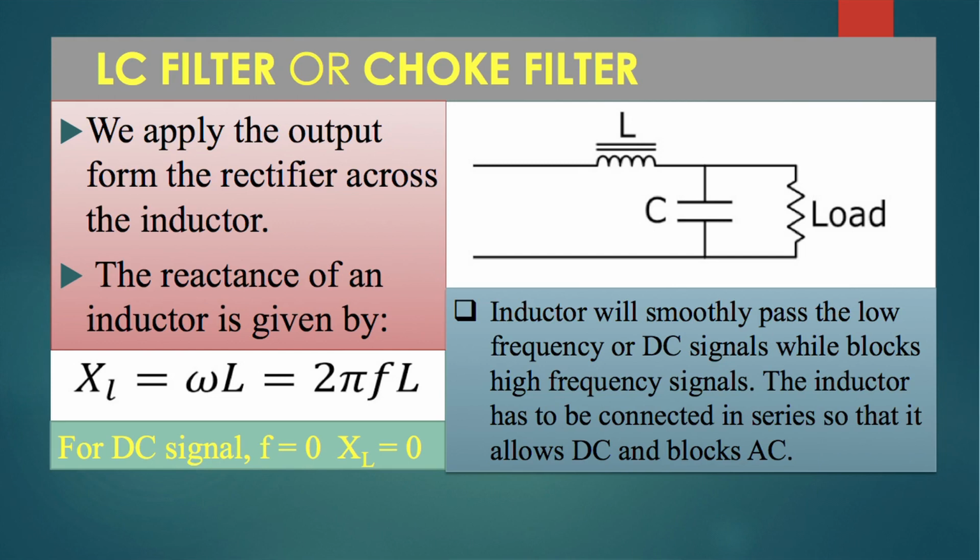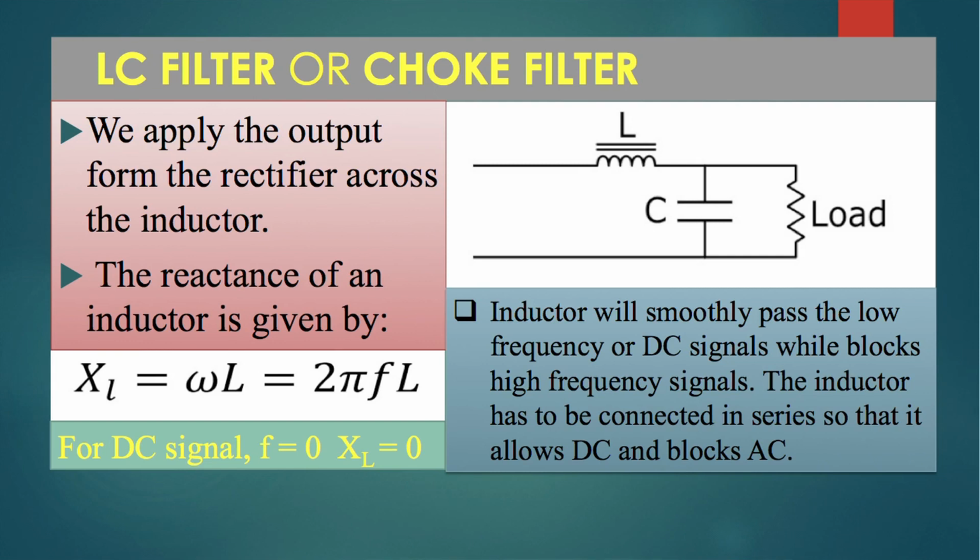inductor, and the reactance of the inductor is given by XL, which is equal to omega times L, and this is equal to 2 pi f times L, where f is the frequency of the signal. So for DC signal, as we know, f is equal to 0, hence XL is equal to 0. This means the inductor will smoothly pass the low frequency or DC signal while it blocks the high frequency signals.